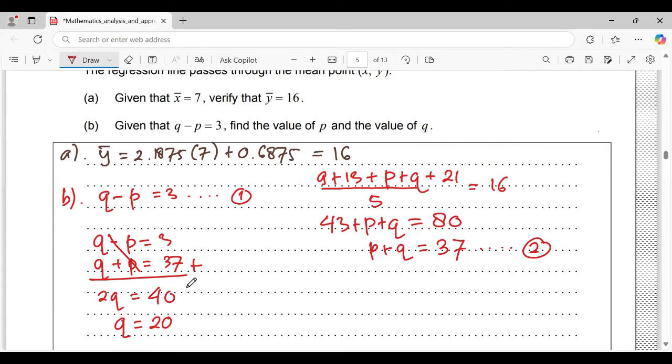Now substitute Q equals 20 into P plus Q equals 37. So P plus 20 equals 37, so P equals 37 minus 20, 17. So this is the result: P equals 17 and Q equals 20.